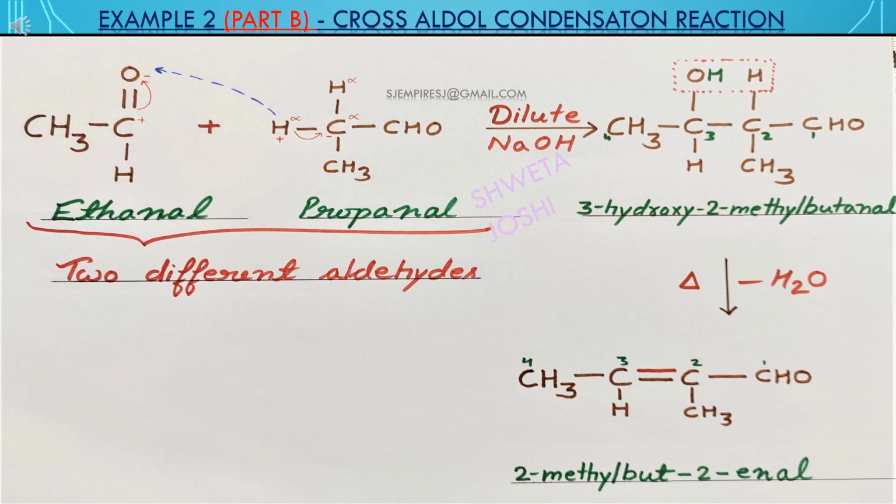The carbon atom next to this CHO functional group is our alpha carbon, and hydrogens attached to this alpha carbon are our alpha hydrogen atoms. So we are going to migrate hydrogen atoms attached to this alpha carbon to the oxygen of ethanol for forming the condensation product.